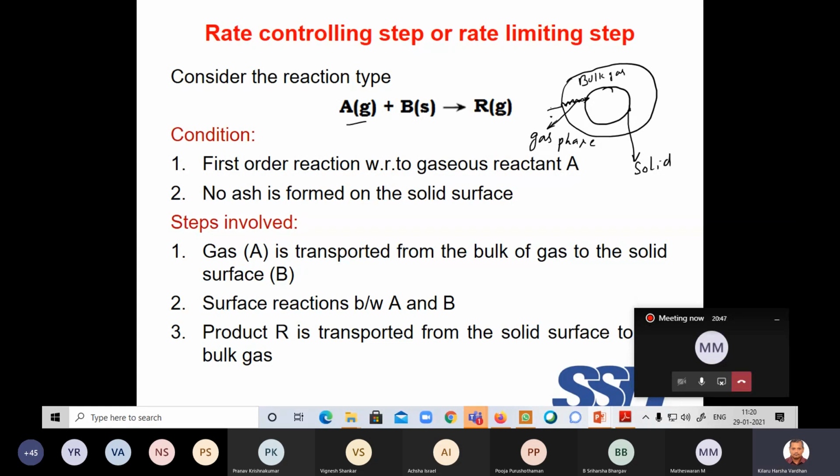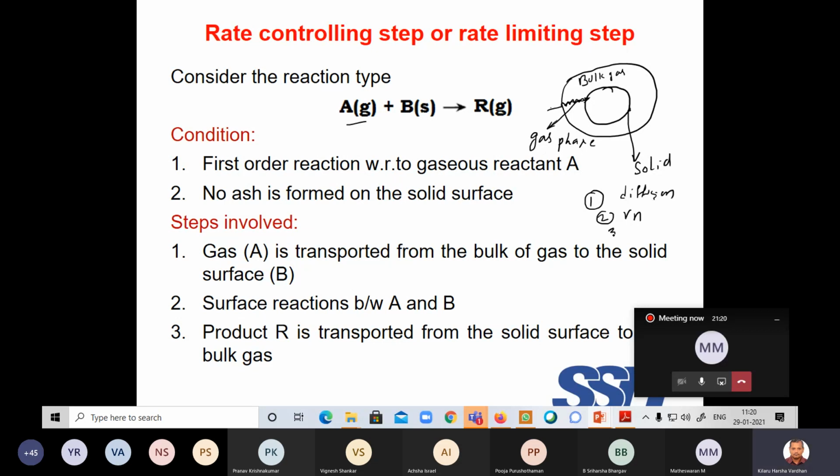So the gas molecule should penetrate, or we call it diffuse, through the gas, then reach the solid surface. That is step number one. Once it reaches the surface, it will sit on the surface and then react on the surface. So the second step is reaction. The first step is diffusion.